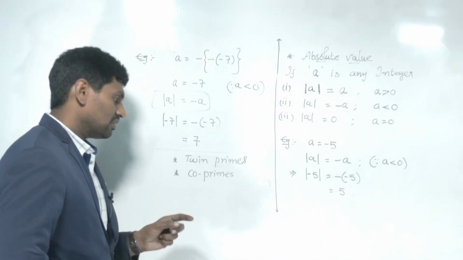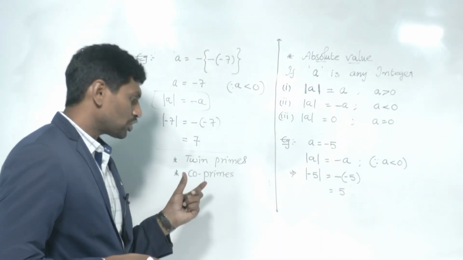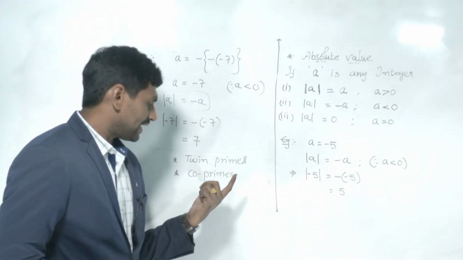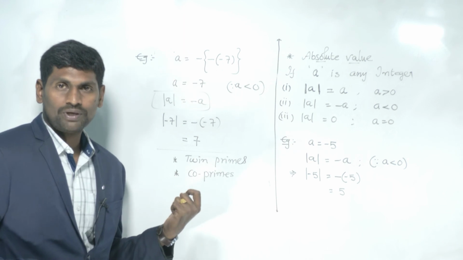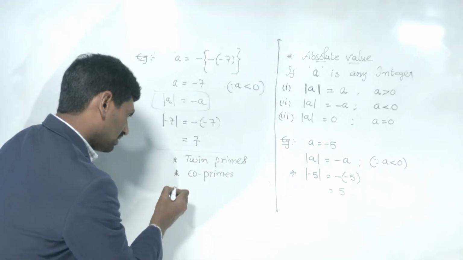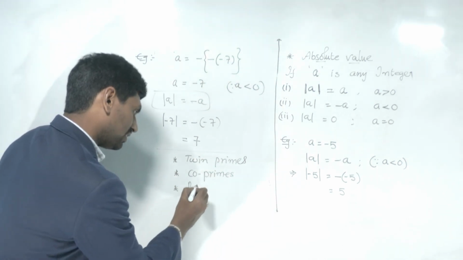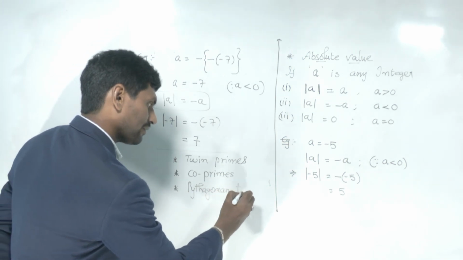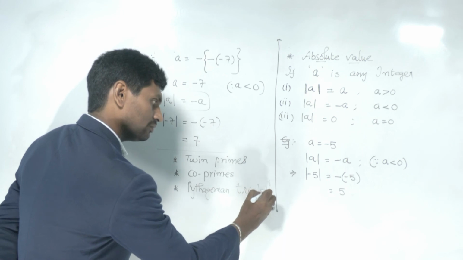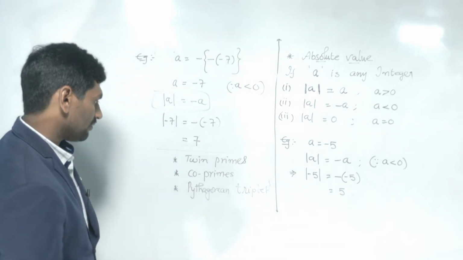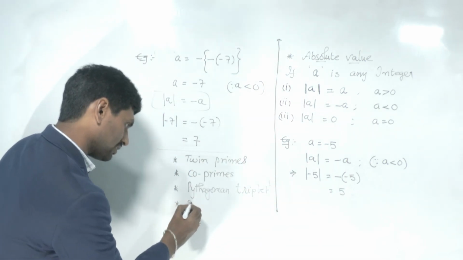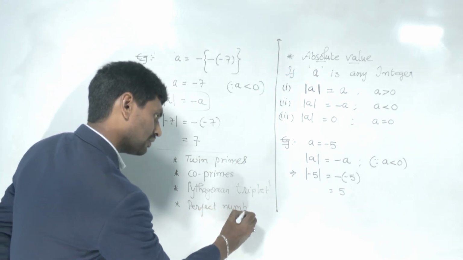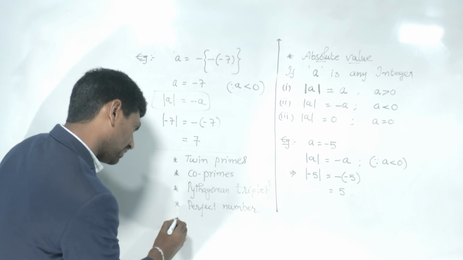That means no common factor between two numbers except one; those numbers are called co-primes. Next, Pythagorean triplet, perfect number we discussed, and absolute value.